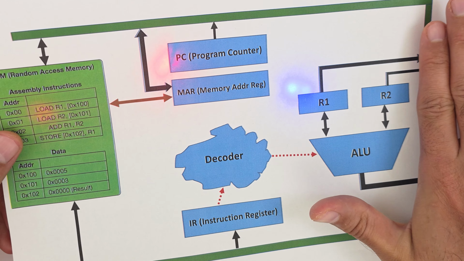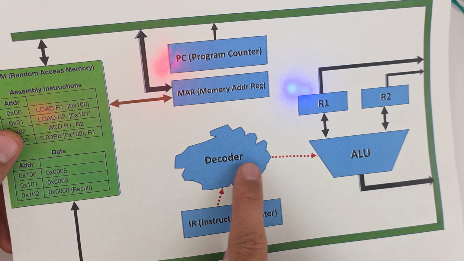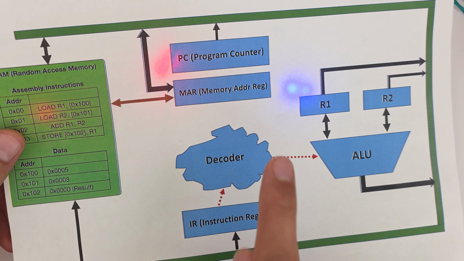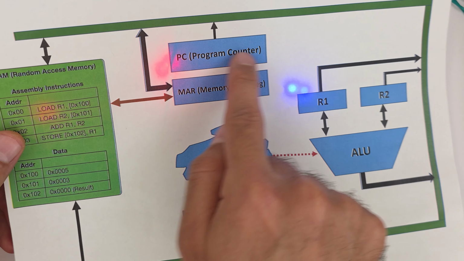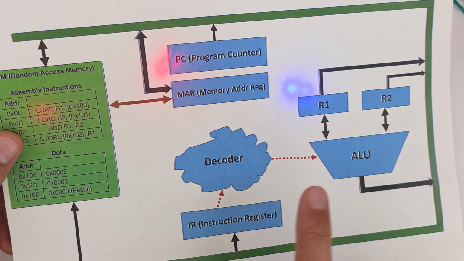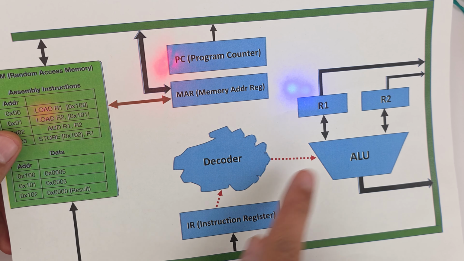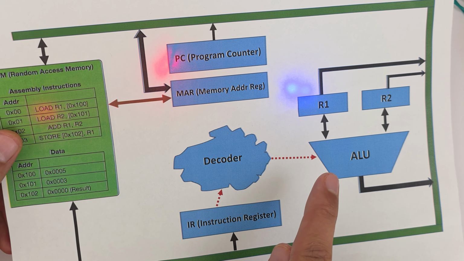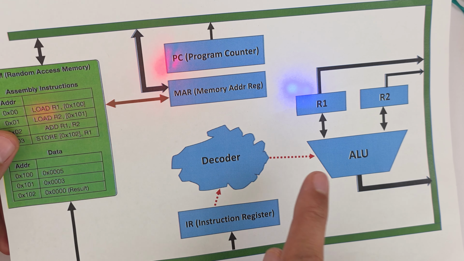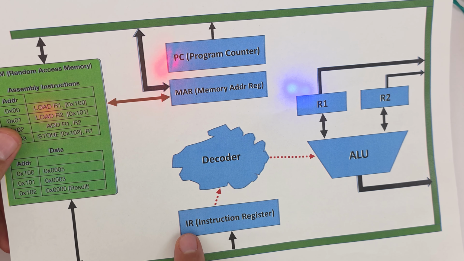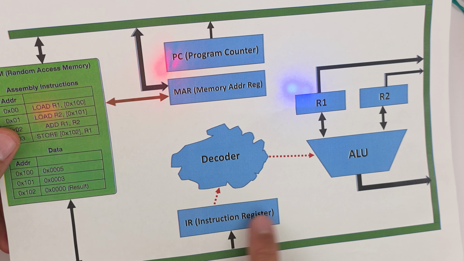We finished this part, but we have a unit here called the control unit, the unit that controls the operations of each one of these units here. And you see this red line. This red line is controlling the ALU, telling the ALU to execute a subtraction or addition, depending on the instruction register values.